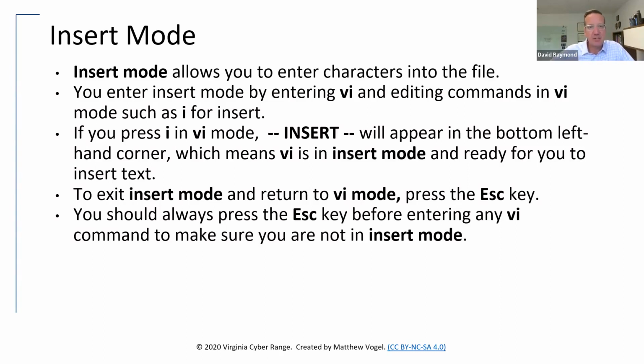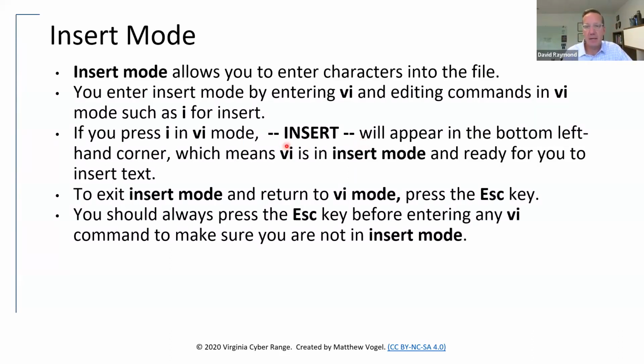Okay, and then here's the other critical thing that I need to be able to do. I need to be able to insert text. And so I have to be able to go into insert mode. And that's really easy. When I'm in VI mode, I just hit the I key for insert. And you'll see that insert will show up in the lower left-hand corner of the screen. So I know that I'm in insert mode because it's going to tell me in the lower left-hand corner.